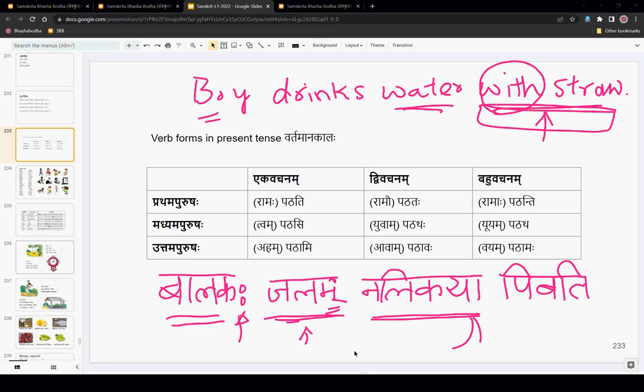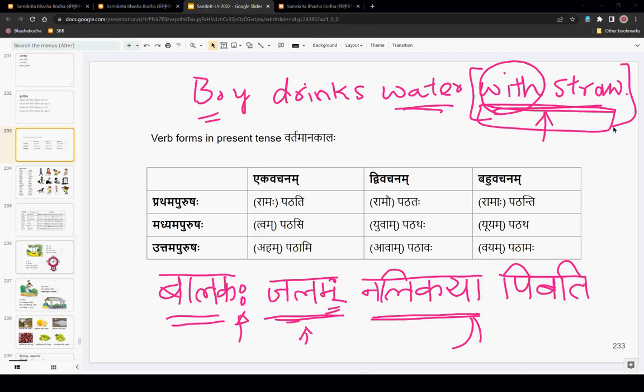So here also in English, you can actually shuffle this with straw and move it to different places, right? In English, you can say with straw, boy drinks water. Boy drinks with straw water, which may not make much sense, but generally you can move that to an appropriate place. It doesn't have to be at the end.